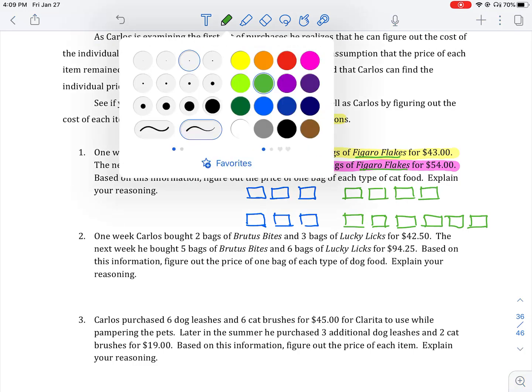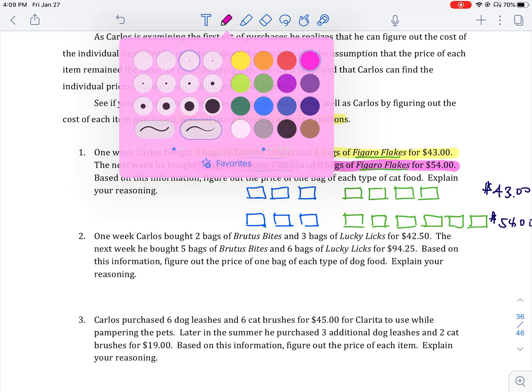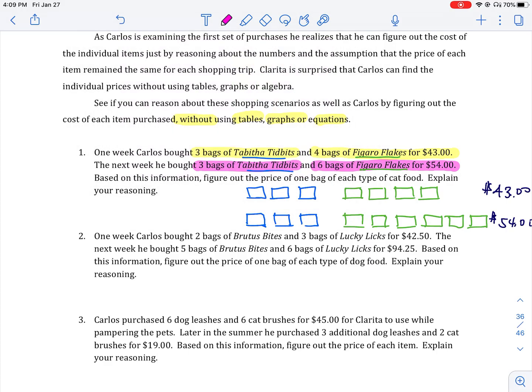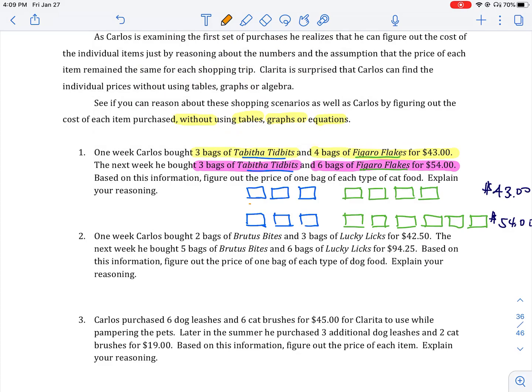And I know that it cost me $43 total for week 1 and $54 for week 2. So as you look at this, you ask, what's the same in both of them? Let's use a different color. Let's use orange. I'm going to underline things that are the same.